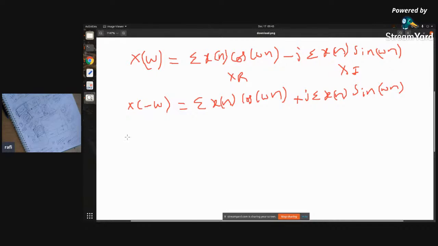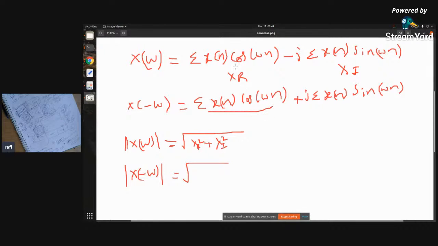So what is the magnitude of x of omega? This is the square root of xr square plus xi square. Omega I am not writing. And what is the magnitude of x of minus omega? Square root of, still xr is the same, xi will now become minus xi here.